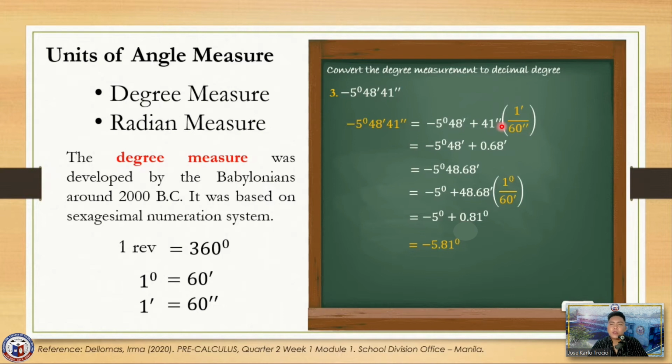So 41 seconds, and that is 1 minute over 60 seconds. So that is now 41 divided by 60, that's 0.68 minutes. So combine, since they have the same unit, that is 48.68 minutes. Then we know that 60 minutes is equivalent to 1 degree. So divide by 60, that is 0.81. Then you can combine them, that is negative 5.81.